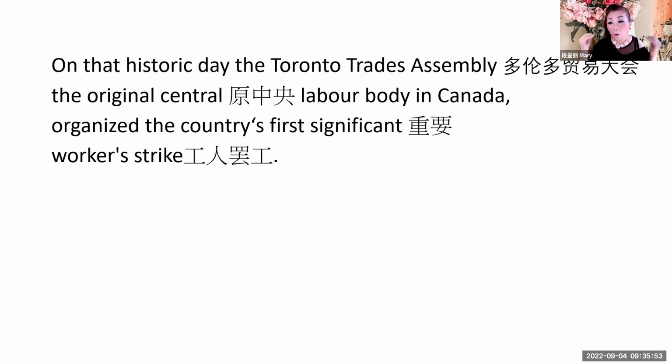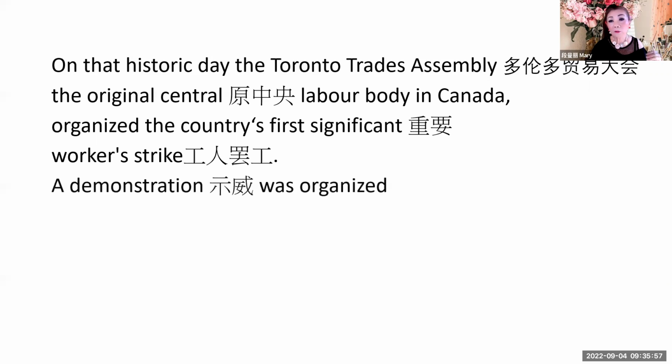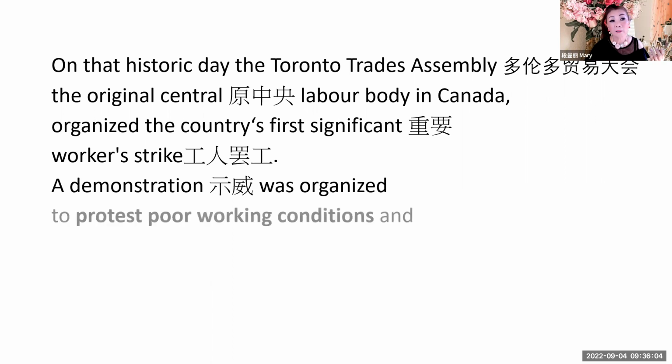Workers on strike, they don't want to work. They just get something, a demonstration 示威. A demonstration was organized to protest.